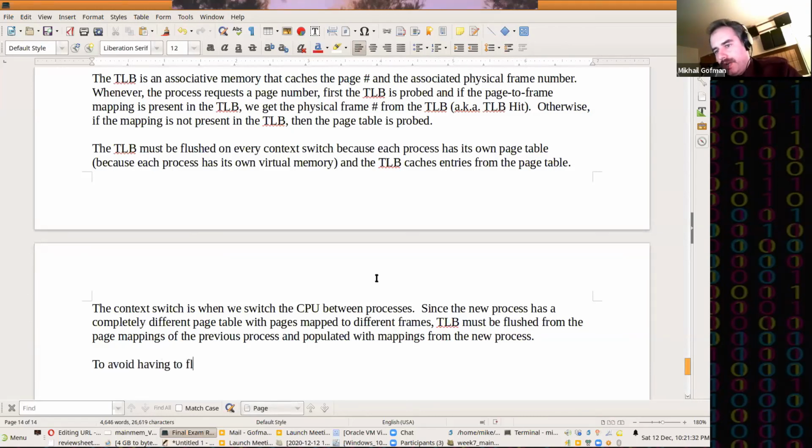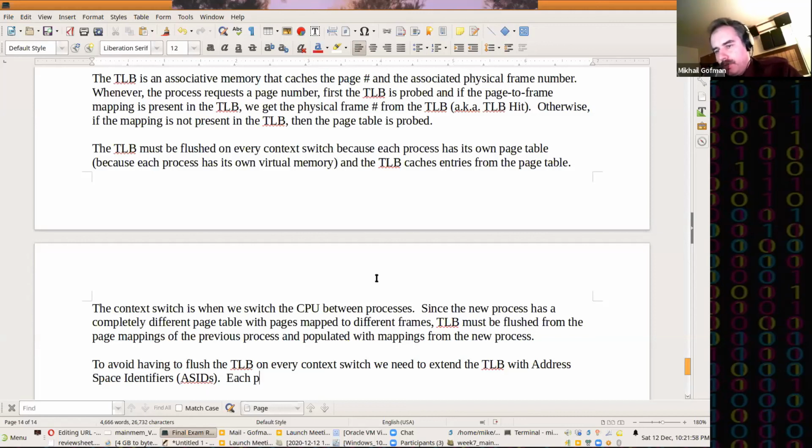To avoid having to flush the TLB on every context switch, we need to extend the TLB with address space identifiers, or ASIDs. Okay, like that.